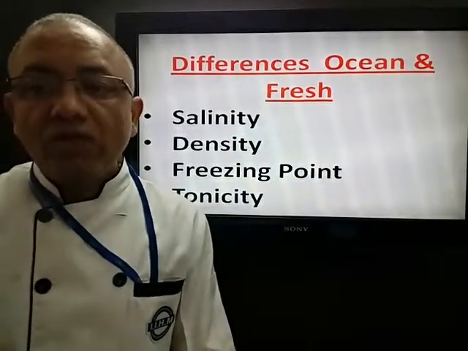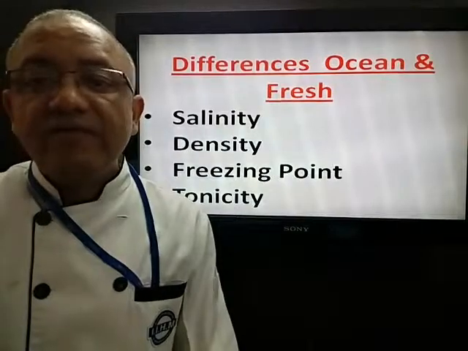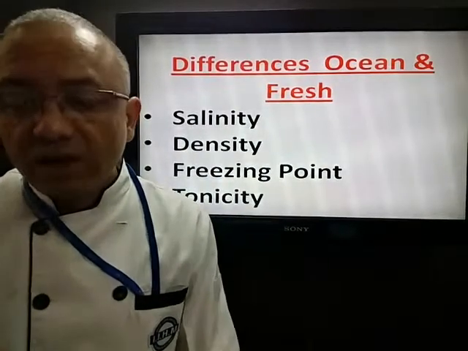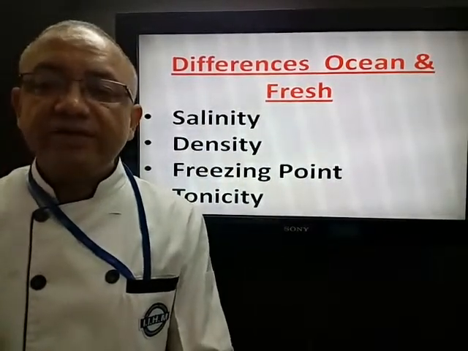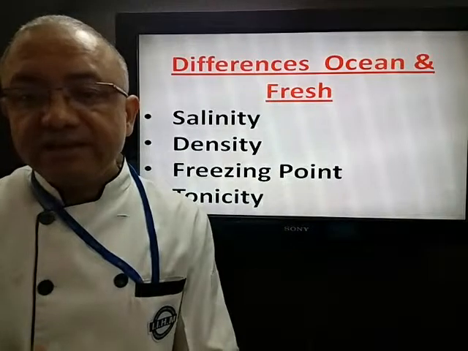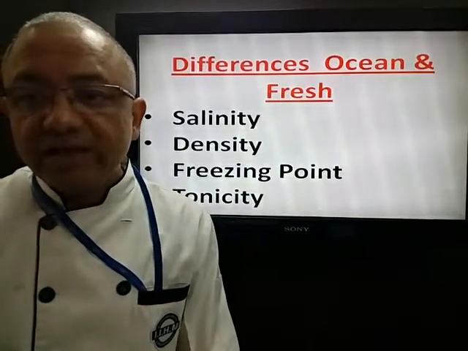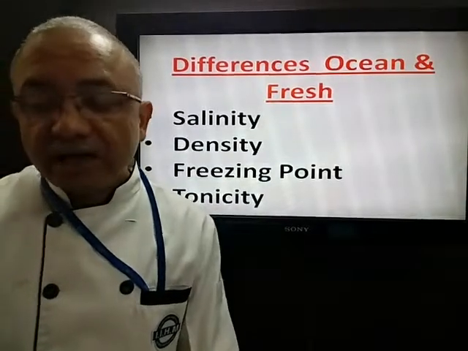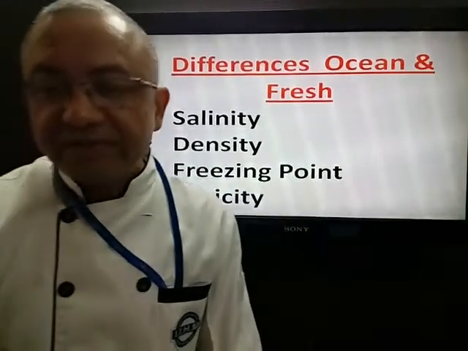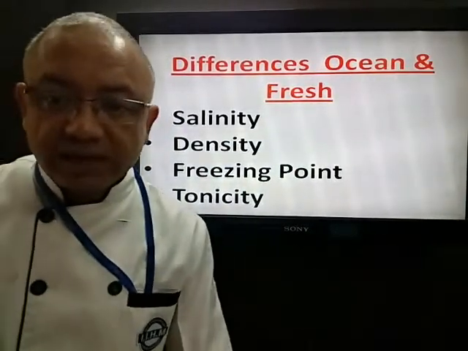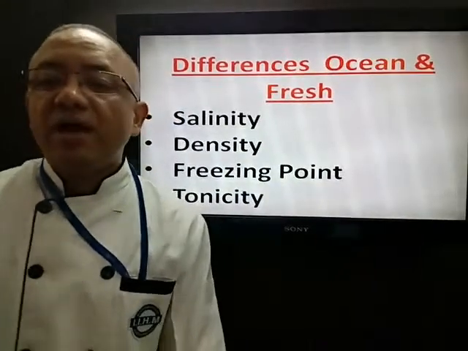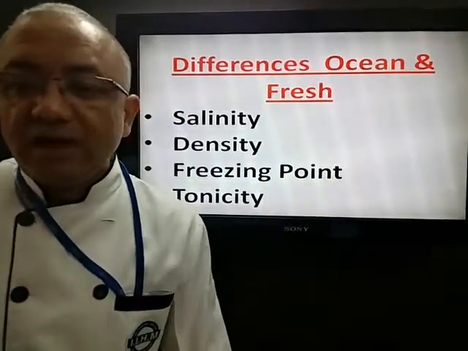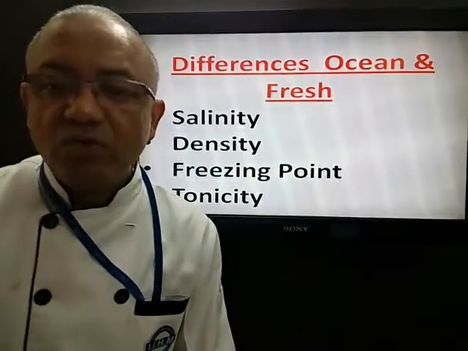Water becomes less dense when it freezes into ice. You all know, I hope, that when water turns into ice, it is less dense, and it starts to float on the surface. You must have seen the movie Ice Age, where there is water down below, and the upper side is the ice where every animal starts to move out.